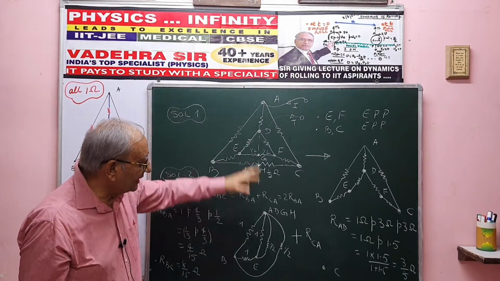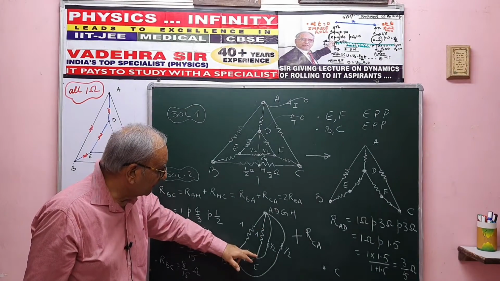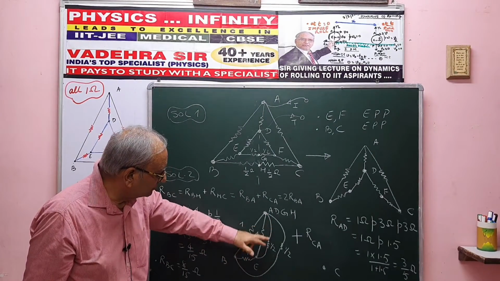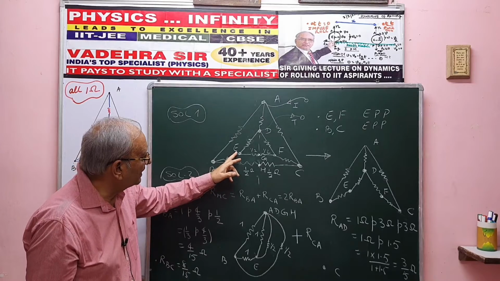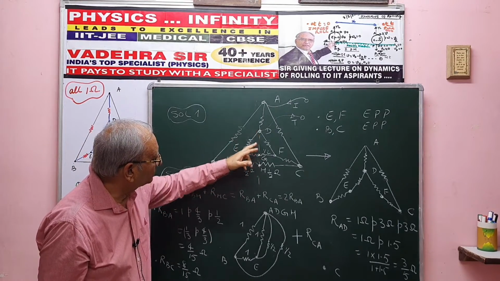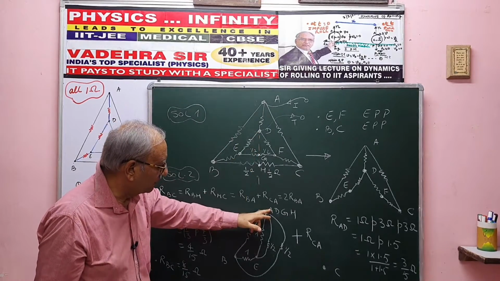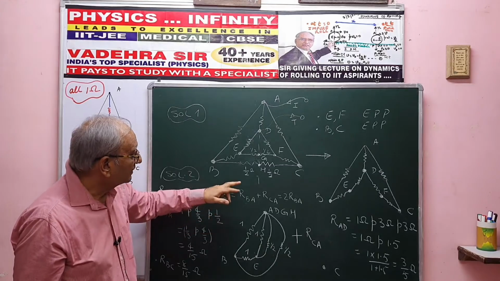Between E and D is here. D is same as A. So between E and D, there is half ohm. There is between E, look at that, this one, because G and D are same points. So this is half ohm. And there is another half ohm.